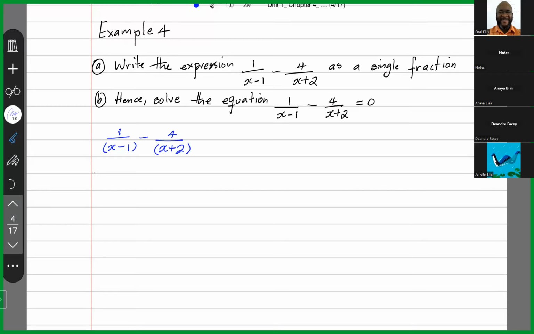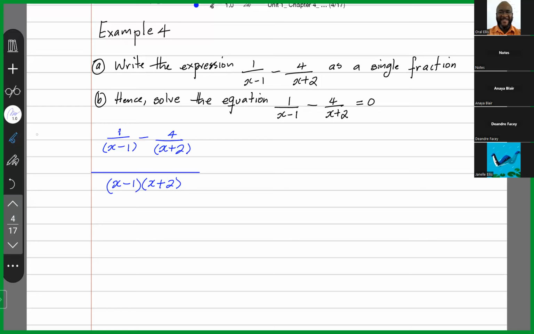So the LCM is x minus 1 multiplied by x plus 2. That's the LCM. All right, so x minus 1 is viewed as a single term, and x plus 2 is also viewed as a single term.